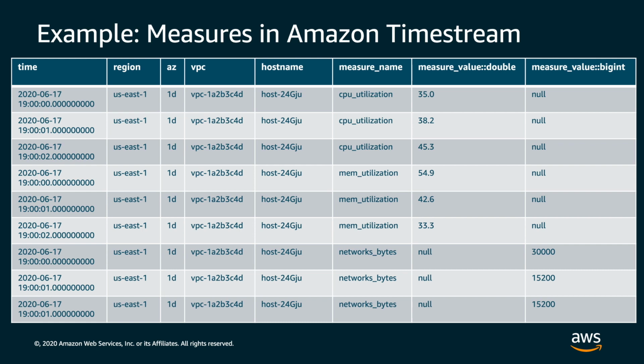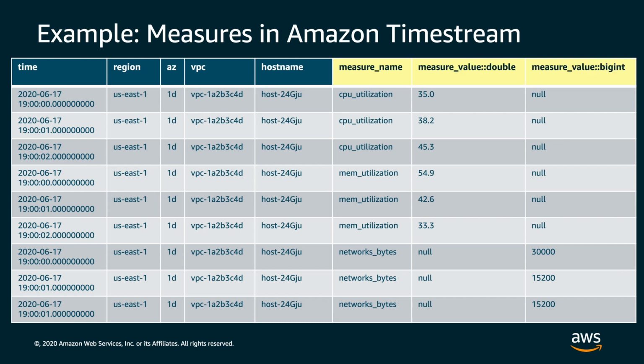So looking at the same table here, you notice up at the top I have the measure name, which tells us what we're going to be measuring. And then we have the measurement value there. And what you'll notice is that one is a double, and in the other case, a bigint. And that's the data type that you've specified when you're writing that data in.